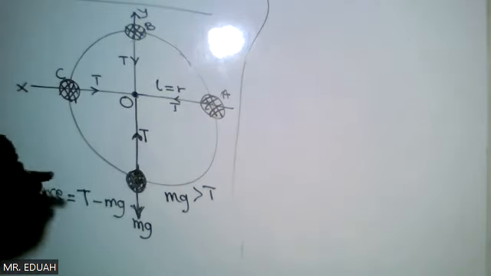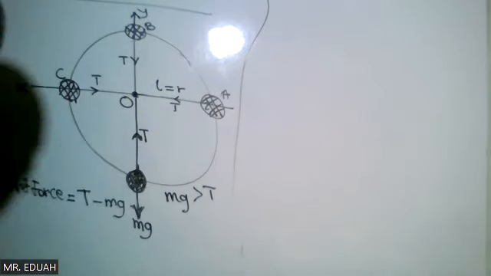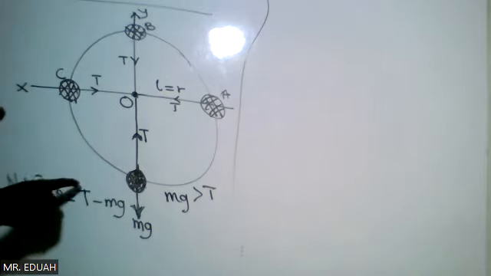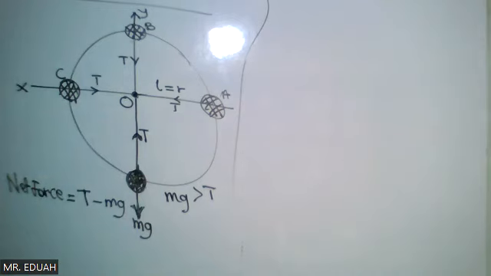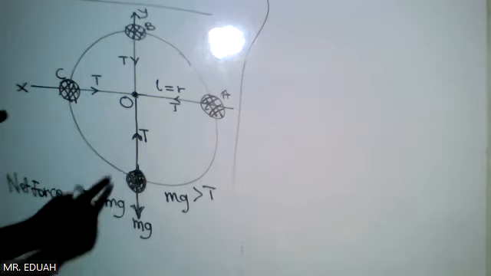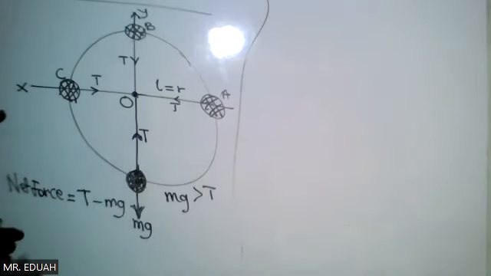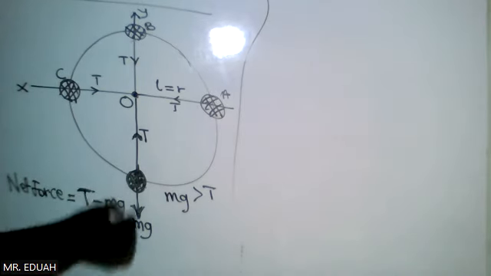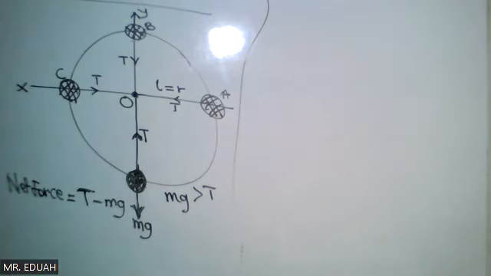So for the body to execute circular motion, the tension must be greater than the weight. So the net force is T minus mg.